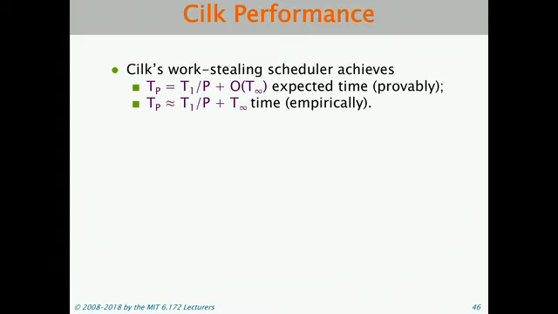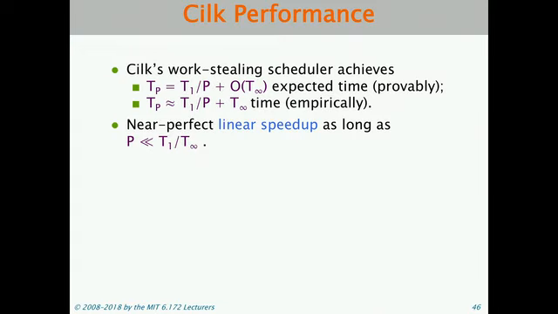You can prove this using random variables and tail bounds of distributions. Charles Leiserson has a paper that talks about how to prove this. Empirically, we usually see that TP is more like T1 over P plus T infinity. So we usually don't see any big constant in front of the T infinity term in practice.